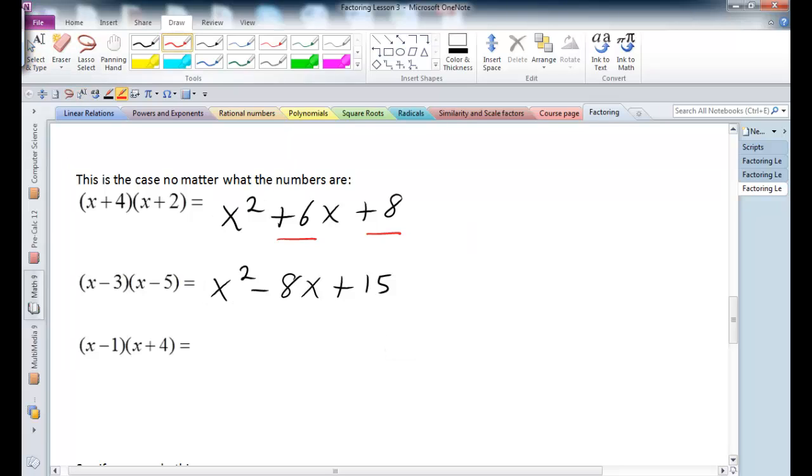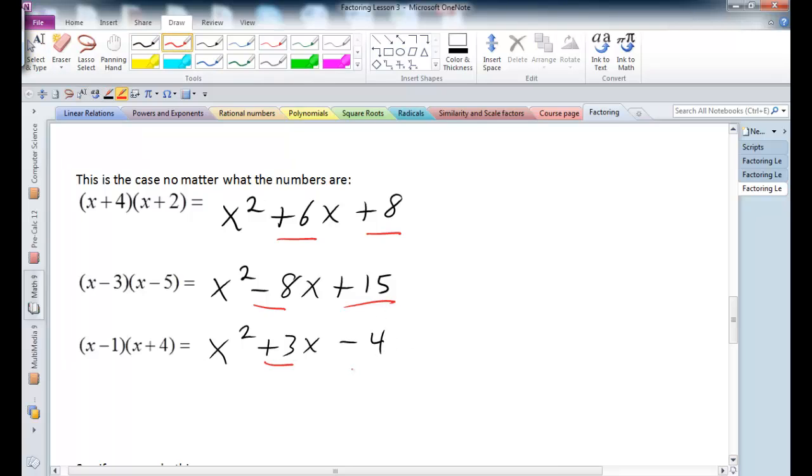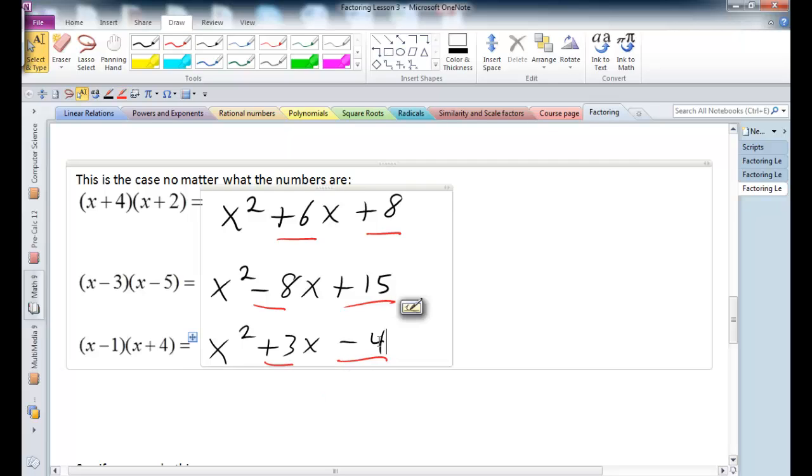Again, we have a sum of negative 8 and a product of 15. X minus 1 times x plus 4, we will get x squared plus 3x minus 4. Again, a sum of positive 3 and a product of negative 4.